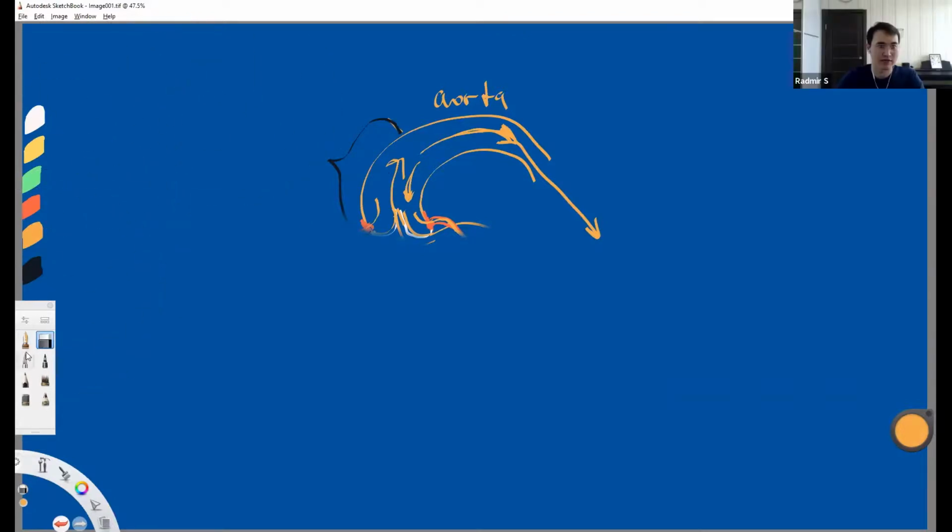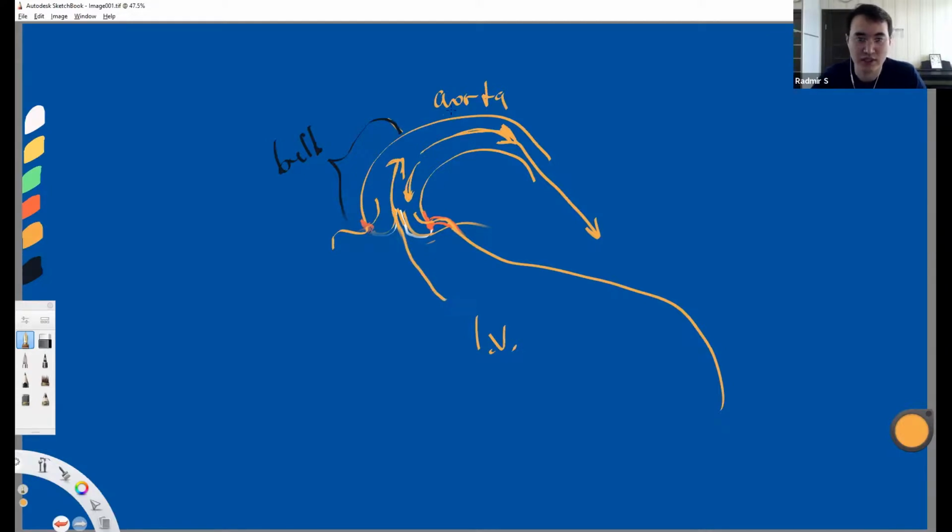So we have the bulb, and you have the blood that comes from the left ventricle. So the left ventricle pumps the blood here, okay? And at the moment of this pumping, the pressure inside this bulb of the aorta is systolic.